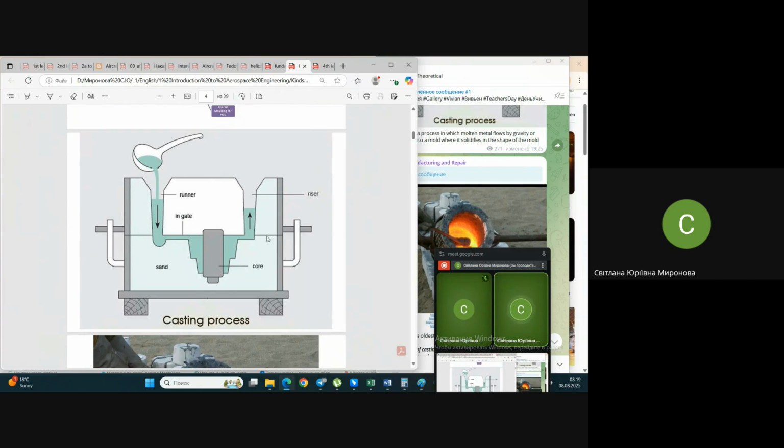Such a mock-up is first used for shaping the sand glue mixture, and next this mock-up is removed and you have the cavity that repeats completely this shape.